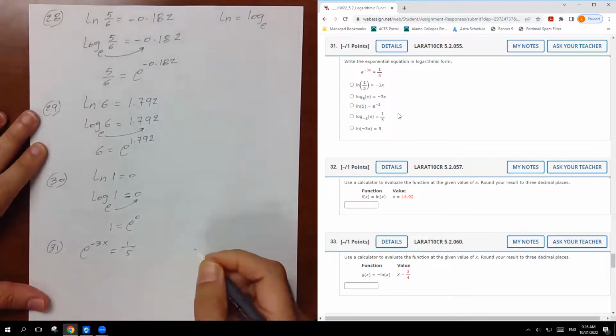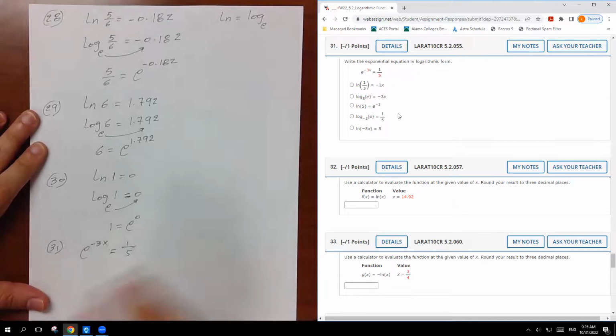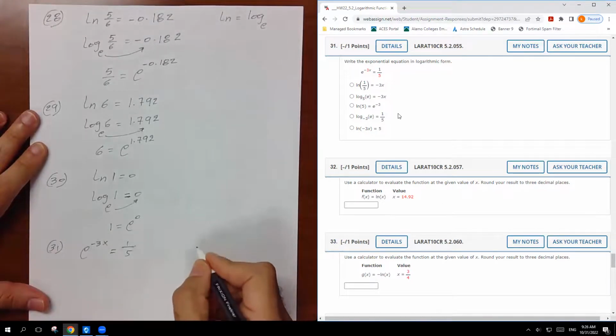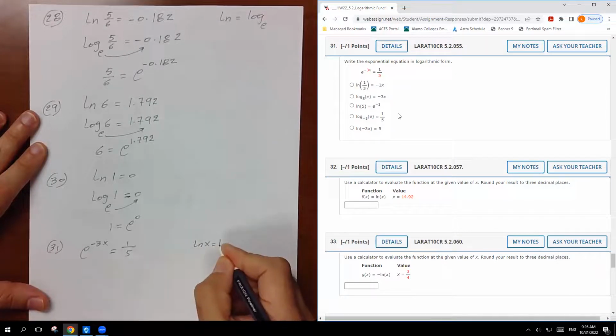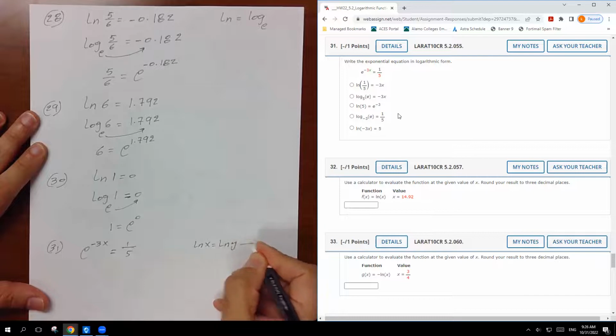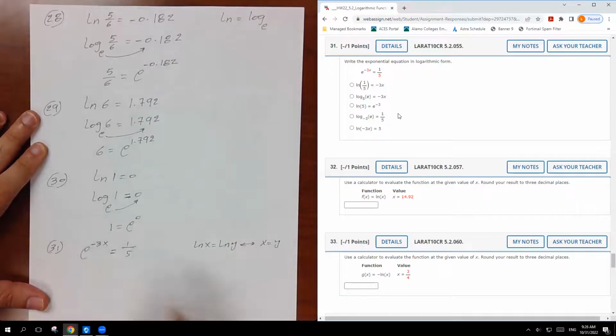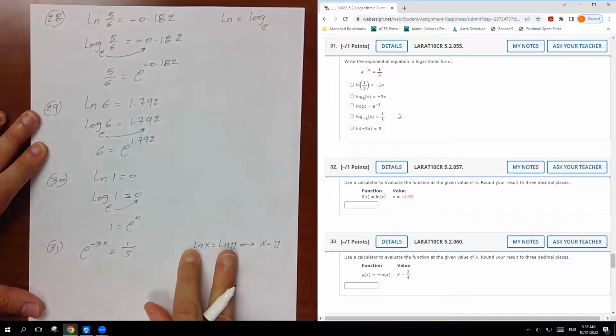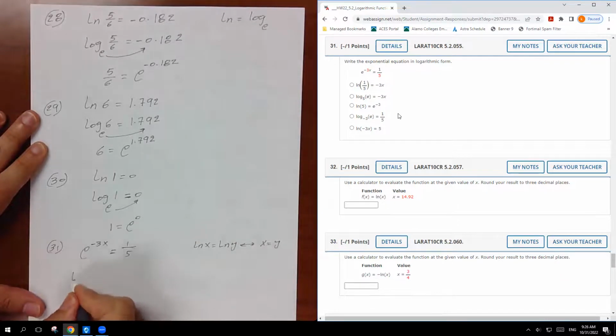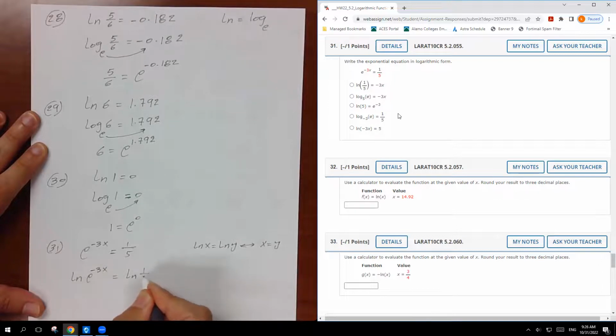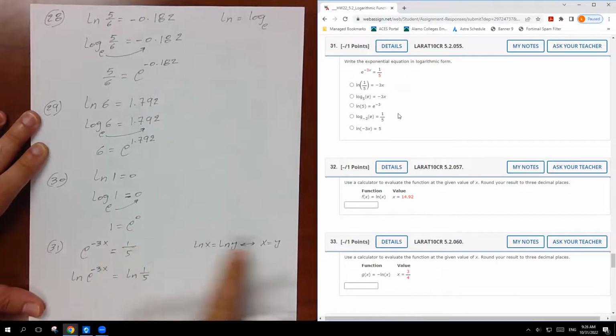So you already know that there is a rule, the 1-to-1 rule. It says if ln x equals ln y, that means x is going to be equal to y. So that's what I'm going to do here. I'm going to take ln of both sides. I'm going to say ln of e to the negative 3x equals ln of 1/5, because this is x and this is y.